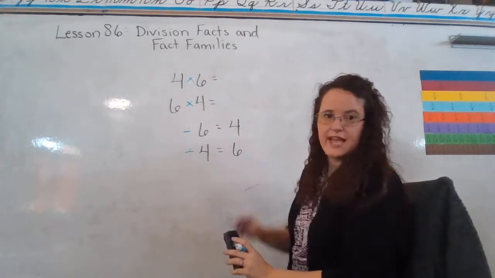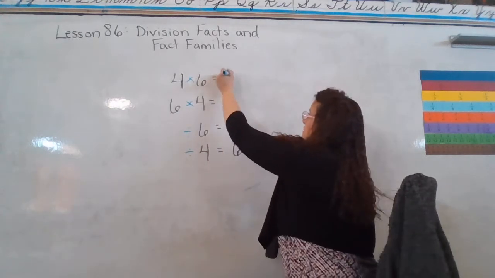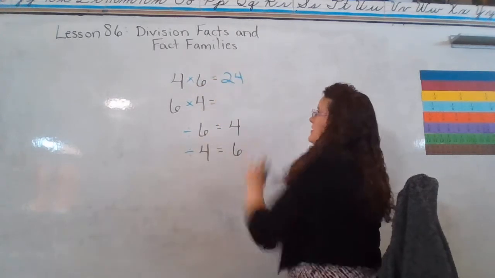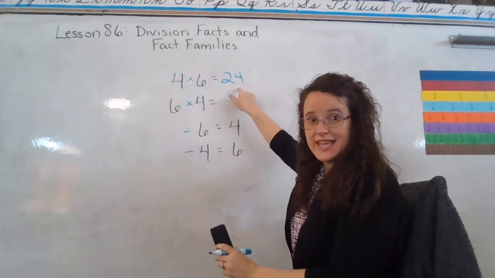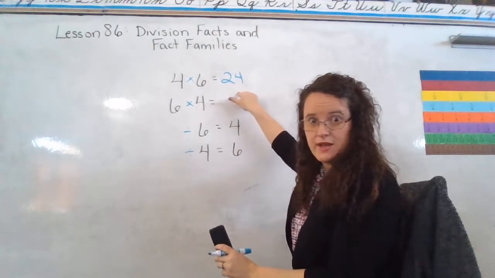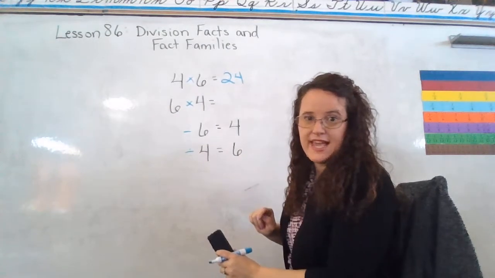So 4 times 6 is 24. Notice once again, this is still my bigger number. With a multiplication problem, biggest number goes at the end.